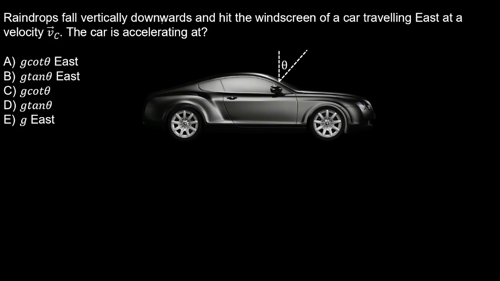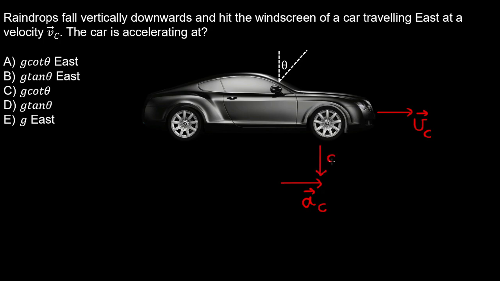Raindrops fall vertically and hit the windscreen of a car that's travelling east at some velocity VC. And what is the car accelerating at? So the car has some horizontal acceleration, and the raindrop is falling on the car under the influence of gravity.